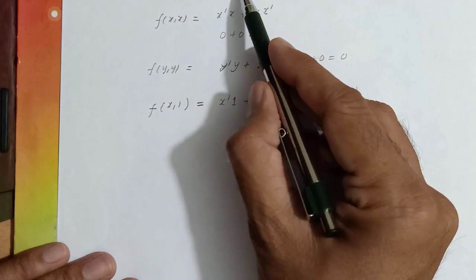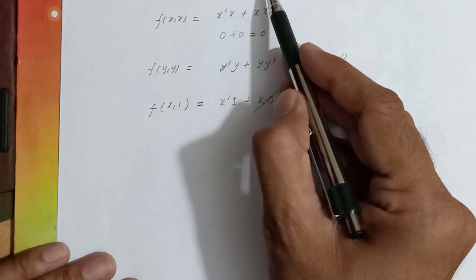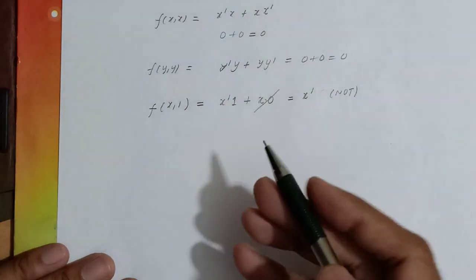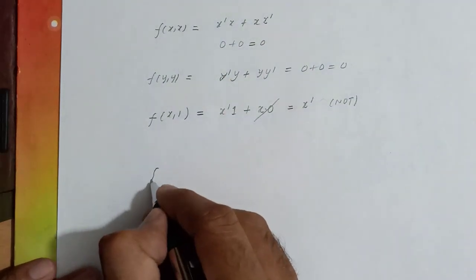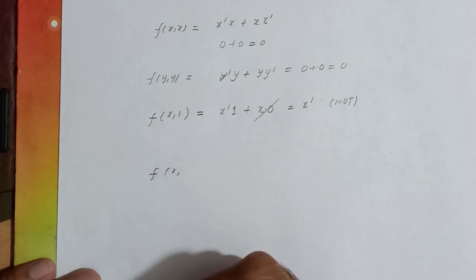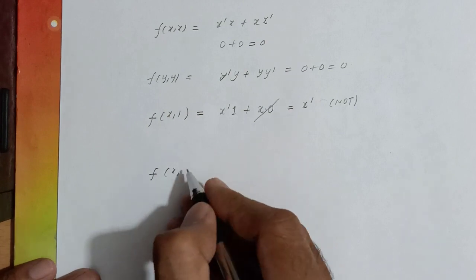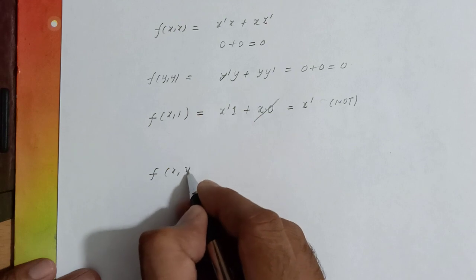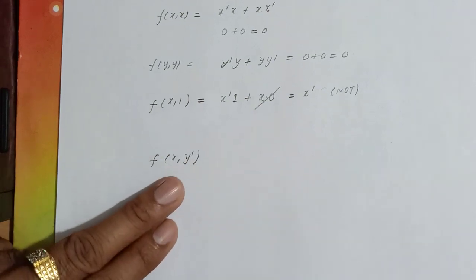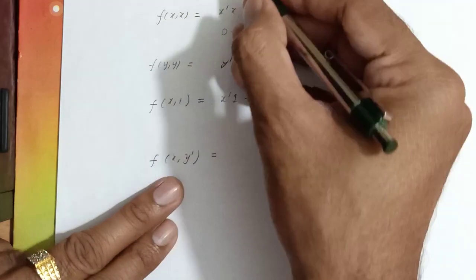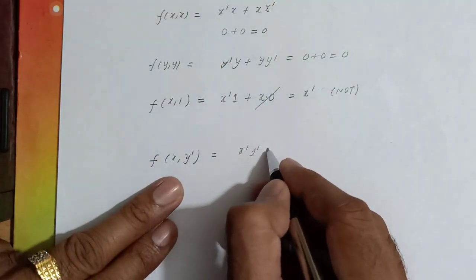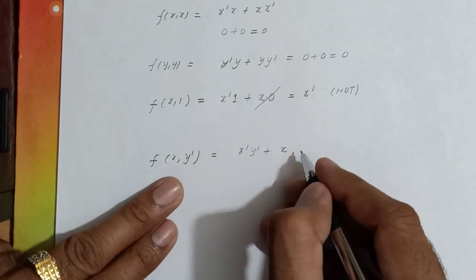If we try to generate the OR operation, we can make f(x, y'). Firstly we are making y as y', so what we will get is x'y' plus xy.